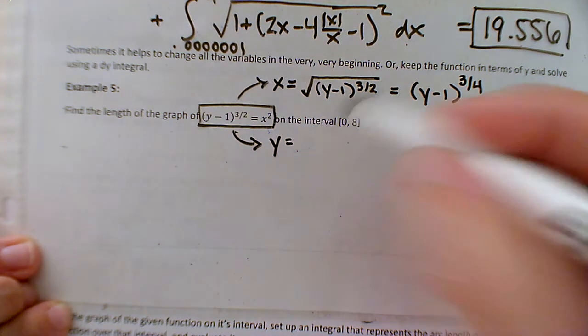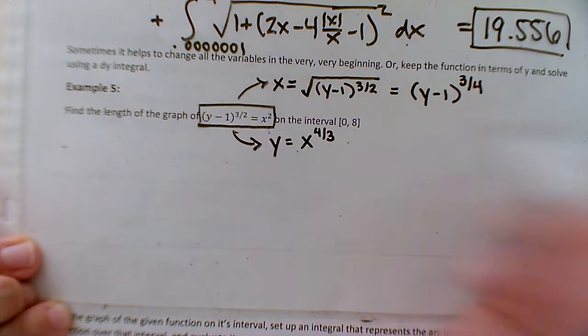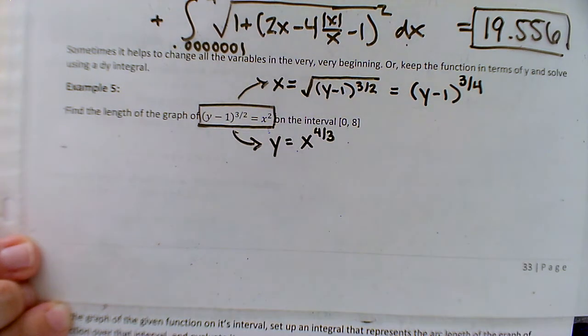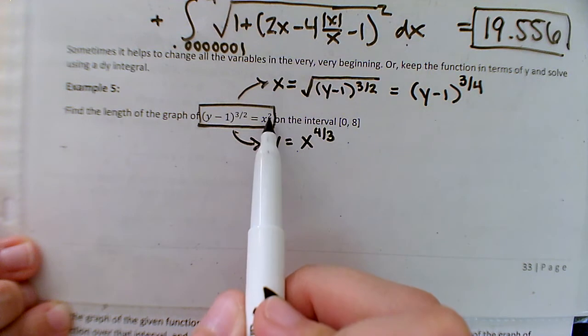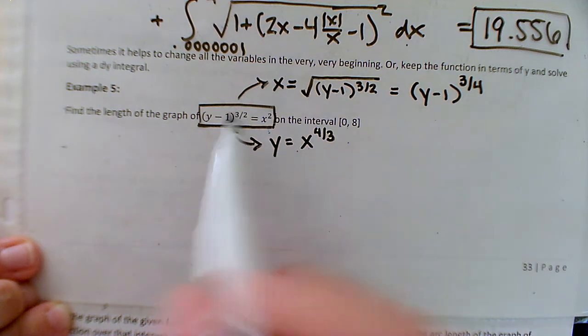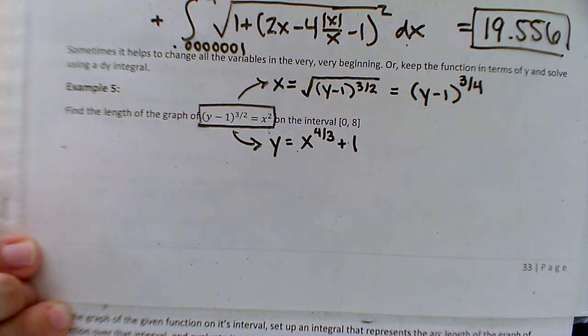Which as a power is 1/3. So we would have x to the 4/3 as a result if you move over that power. Square both sides, the 2 becomes a 4. Cube root both sides, the 4 now becomes 4/3. You're dividing by 3. And then we can just add over the 1 that's left. Some of you may have to do that in steps, but in the end it would look like that.